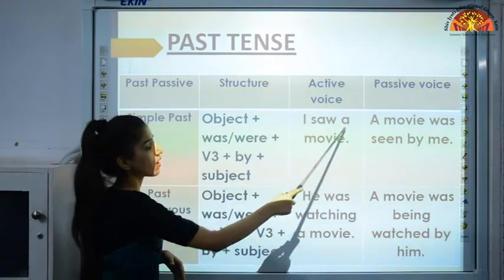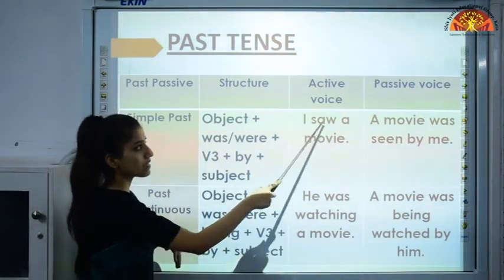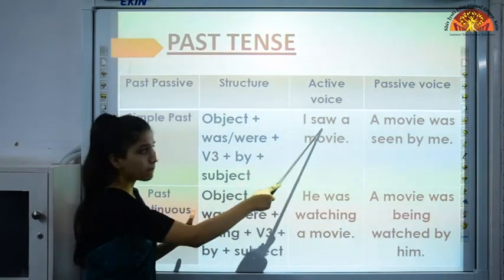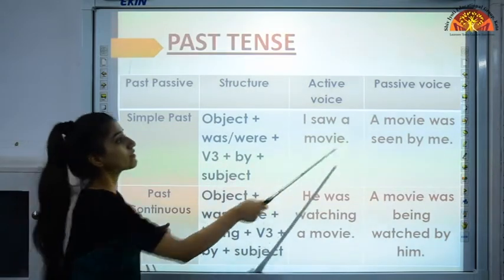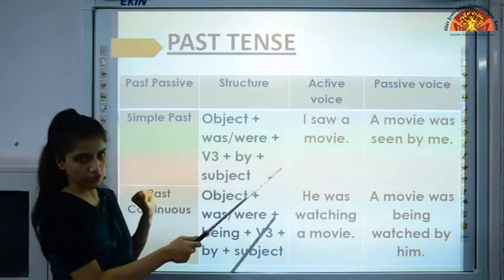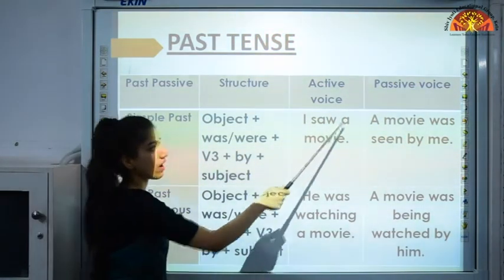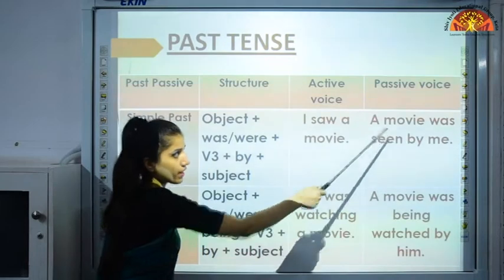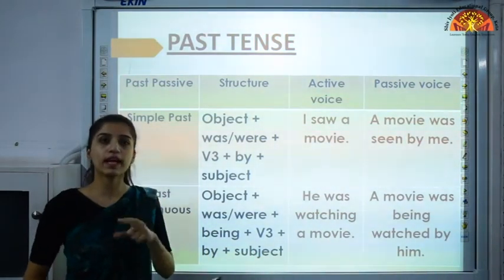I saw a movie. This is the active voice. The subject is I, saw is the verb, and a movie is the object. So now when we are converting this into passive, we will be doing it according to this structure. What will come first is the object, that is a movie. We are just talking about a singular object, then was.